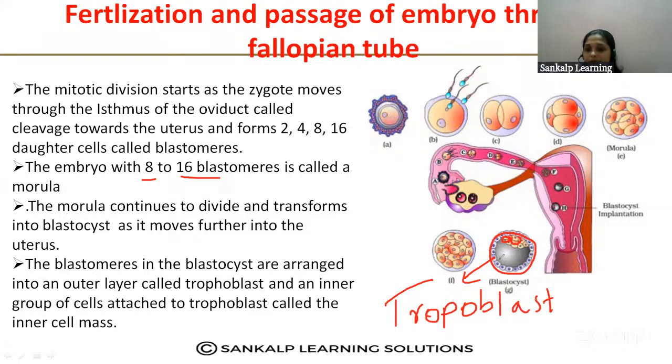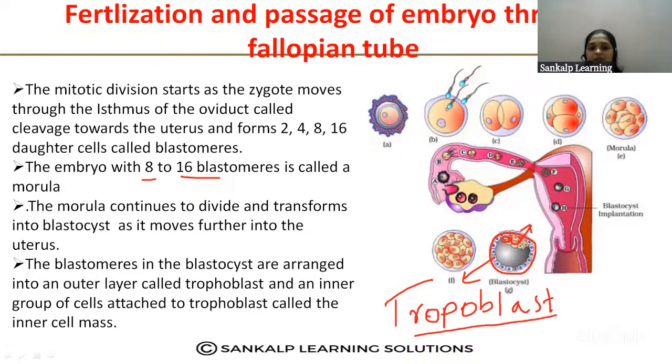So these blastomeres, they are arranged in the outer line, these dividing cells. They are forming the outer layer in the blastocyst. They are called the trophoblast layer, and you can observe a group of cells inside, that is called the inner cell mass.